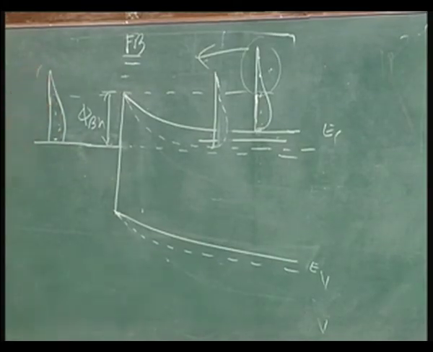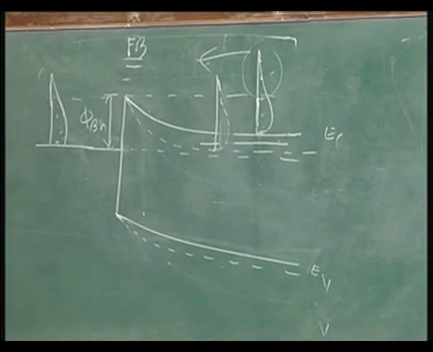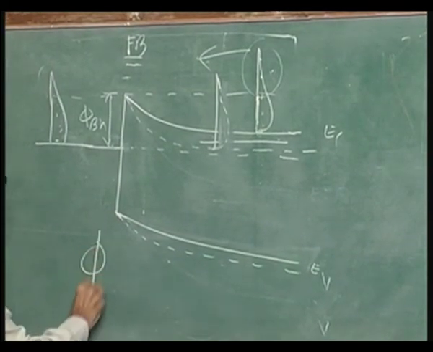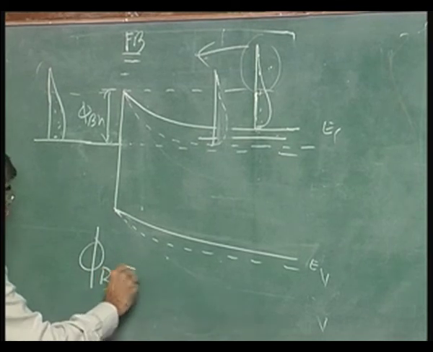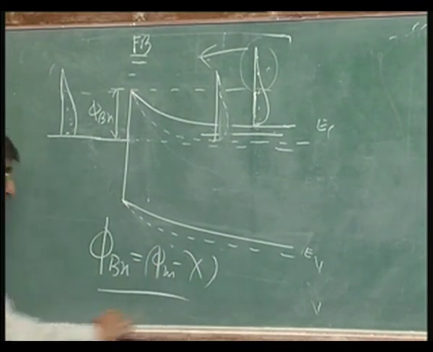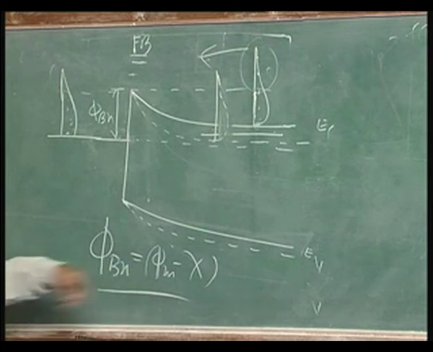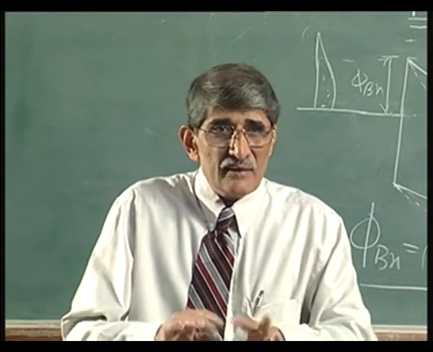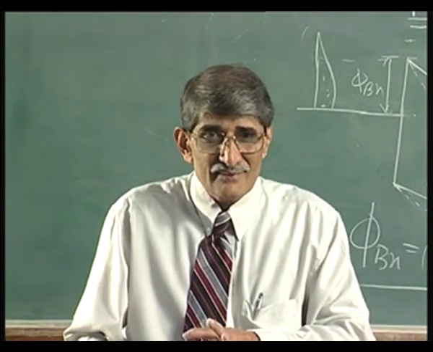Okay. And phi bn actually is governed by, ideally that is the situation. So, I must choose a metal appropriately so that phi m minus chi is smaller.